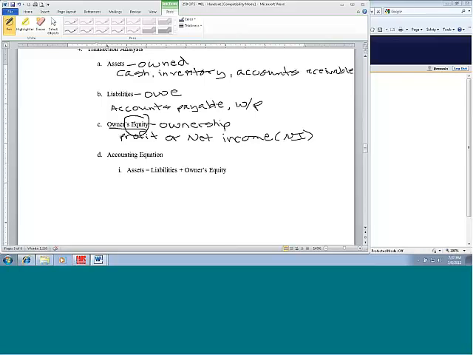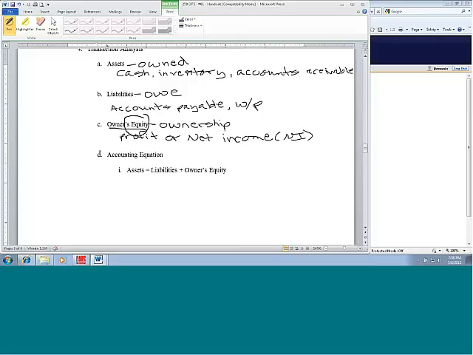So it's a residual. So assets minus liabilities equals owner's equity. It's our ownership interest in the company after we've paid for all of our liabilities with our assets. So don't think of home ownership and market values and all of those things when you think of owner's equity. Think of ownership interest, residual interest in a company.